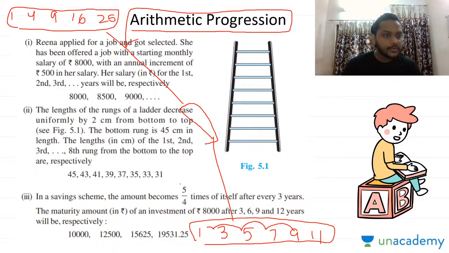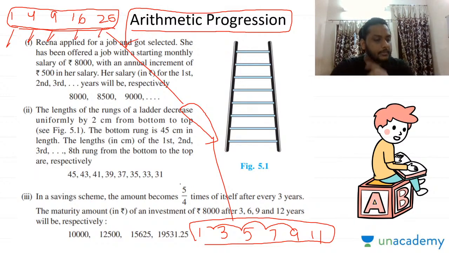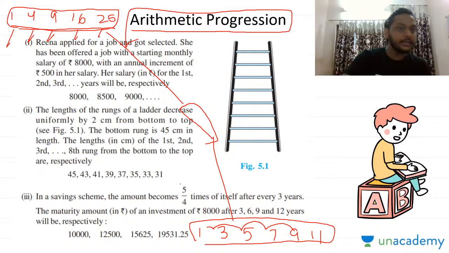Exactly. If we focus over here, and I start finding the difference between consecutive terms, in this sequence I can see 5 terms: the first term, the second term, the third term, the fourth term, and the fifth term.